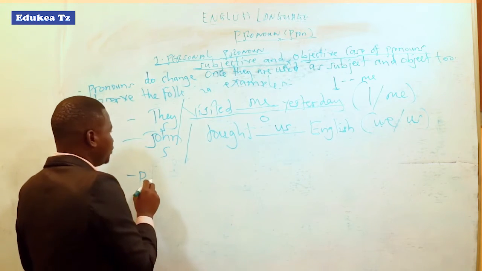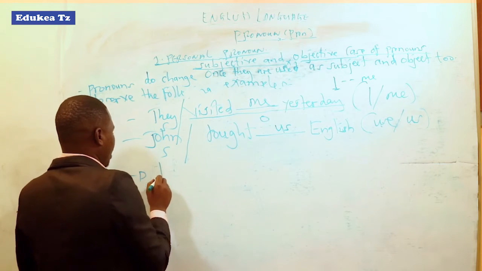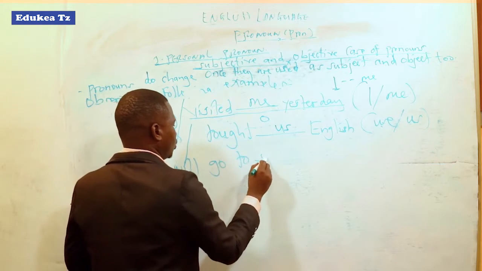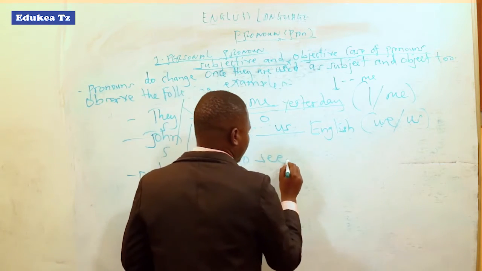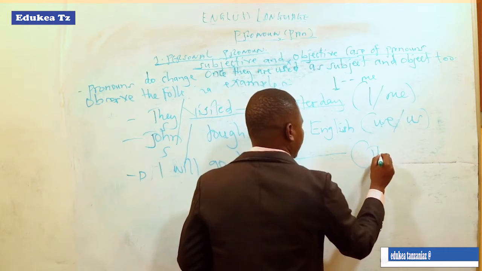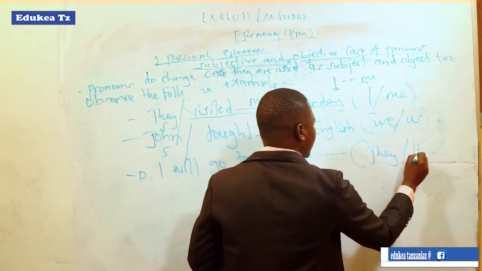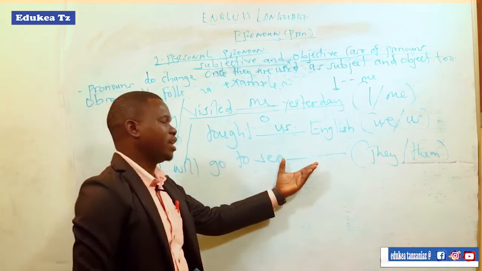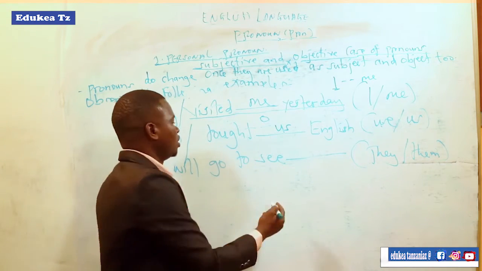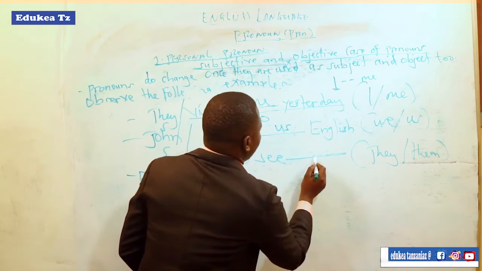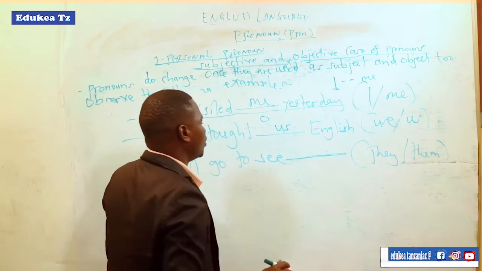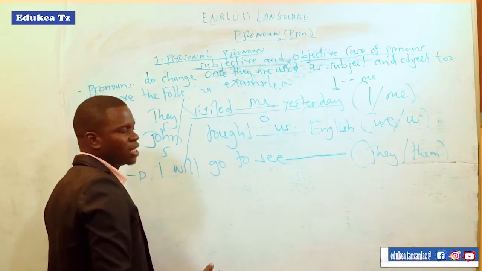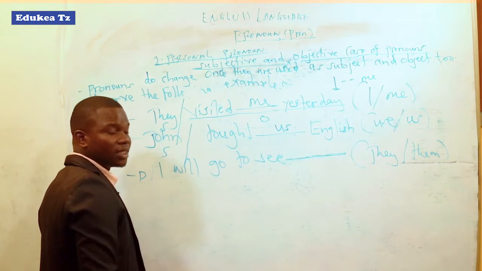Another example: I will go to see dash, they or them? This is an easier example, simply because the position of this pronoun, we normally know that it is in the object, since it is the last part of a sentence.